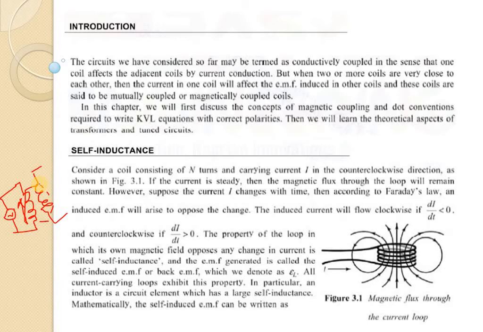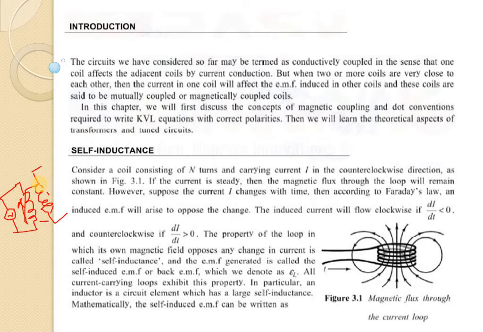Due to this flux linking, an EMF will be induced in the adjacent coil, and that is called mutual induction. That EMF is known as mutually induced EMF. So, two things I have highlighted. One is self-induction: due to self-induction, the EMF is induced in the first coil.